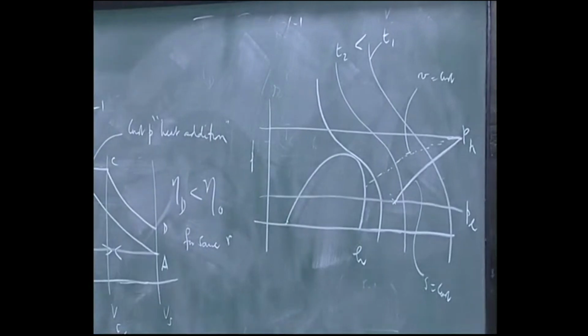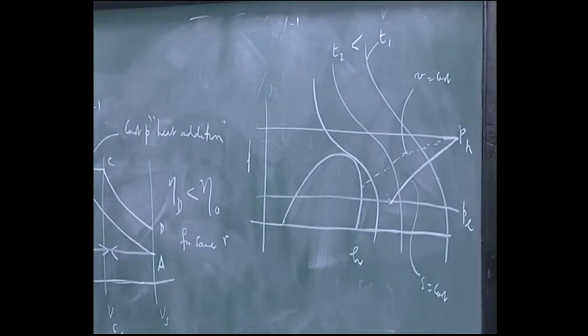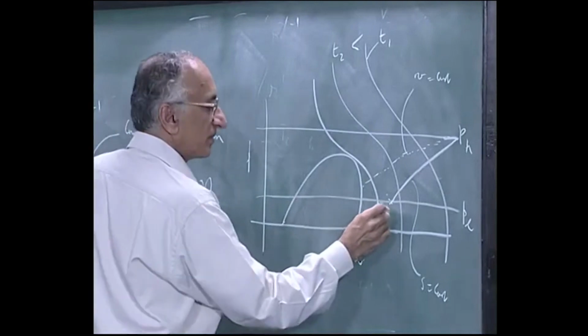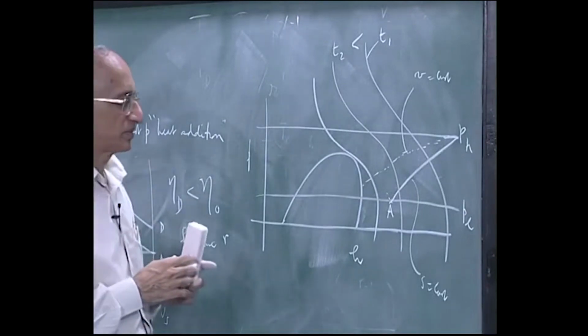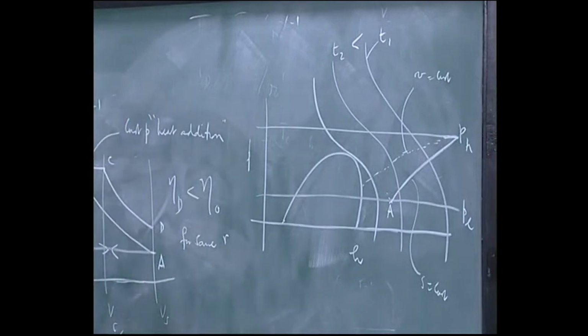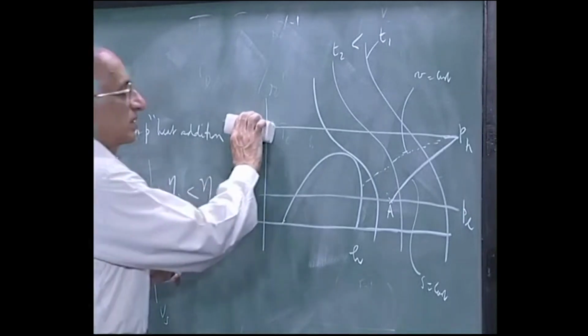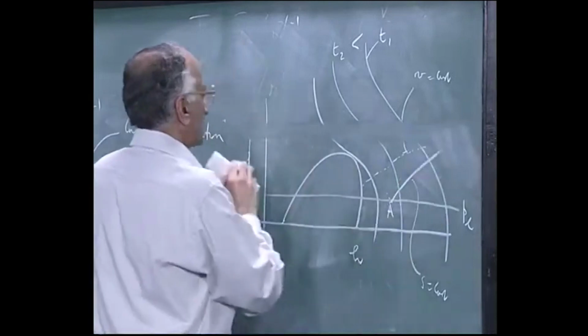I have compression from low pressure, this is where I start, let us say this is A. From here I go to the higher pressure. I think I should draw this a little lower because it is getting outside the board otherwise.